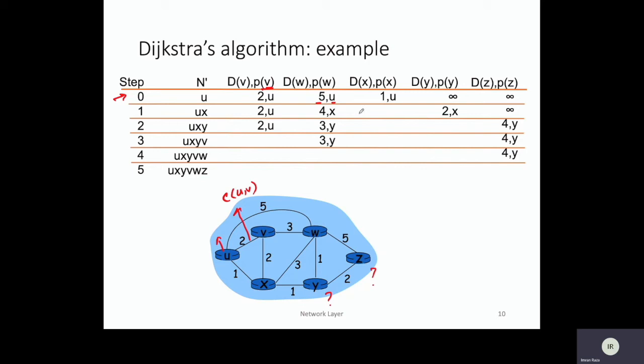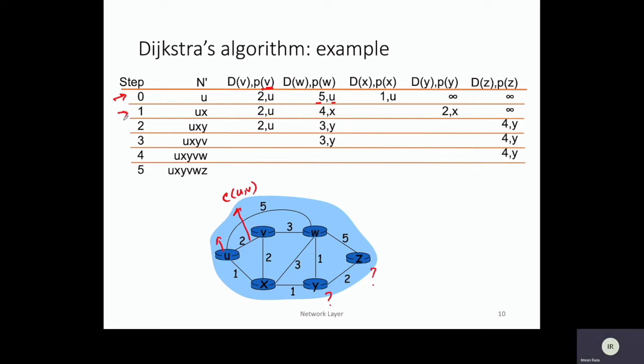Similarly, the cost to reach node X is 1, known. Why? Because X is also a direct neighbor of U. But the cost to reach Y and Z is not known, because Y and Z are not the direct neighbors or adjacent nodes of U.